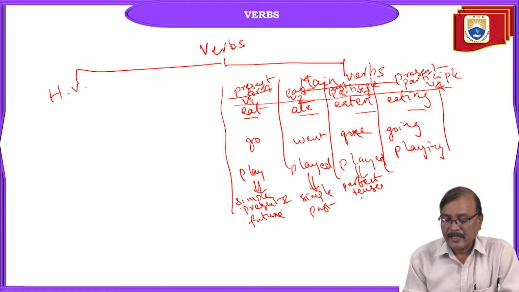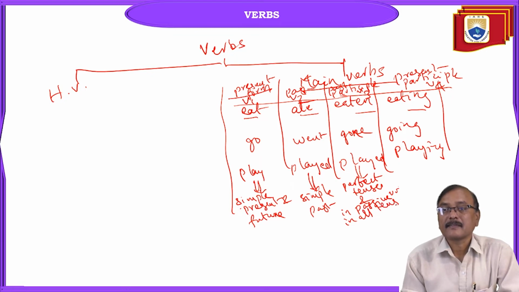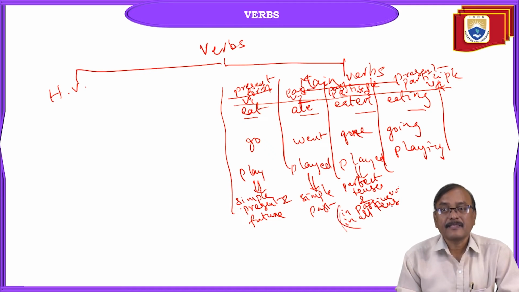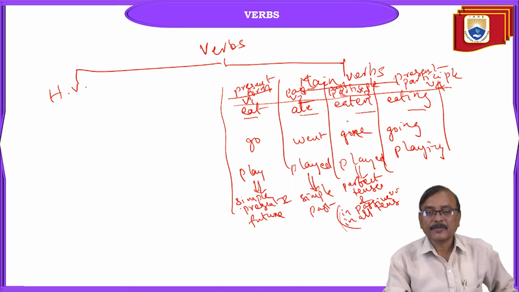And also in passive voice, in all tenses: if the sentence is in passive voice, we use only the V3 form.